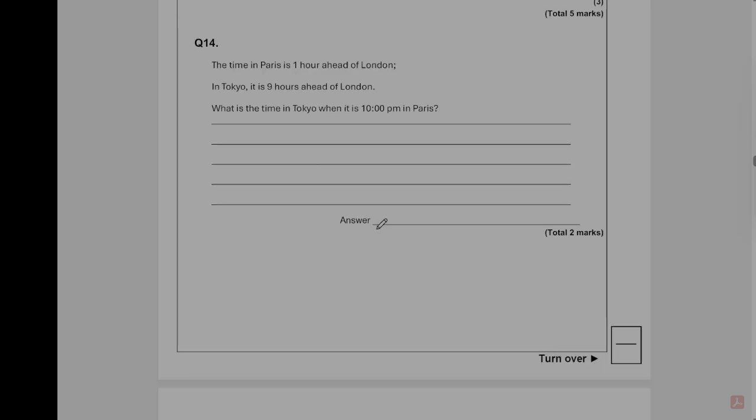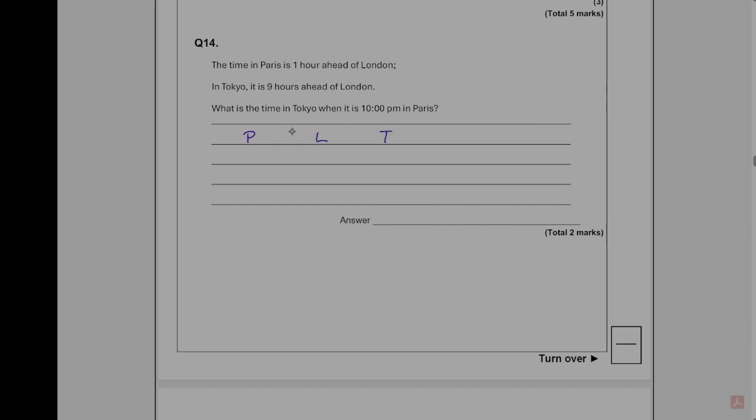Question 14. The time in Paris is 1 hour ahead of London. In Tokyo, it is 9 hours ahead of London. What is the time in Tokyo when it is 10 p.m. in Paris? So I'm going to do it like this. I'm going to say Paris to London to Tokyo.